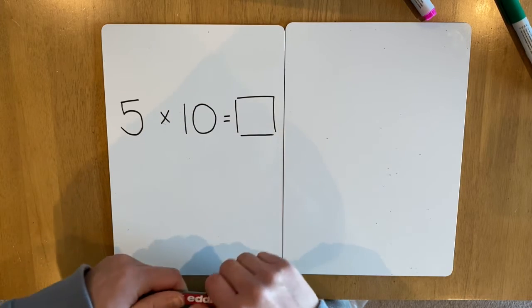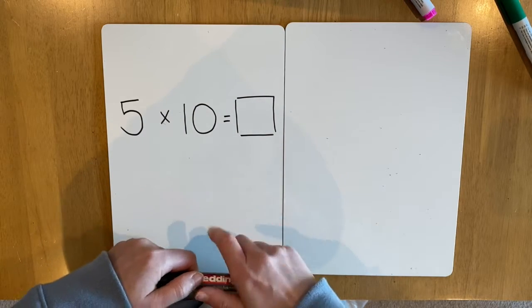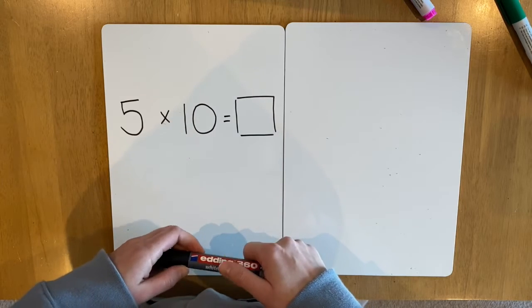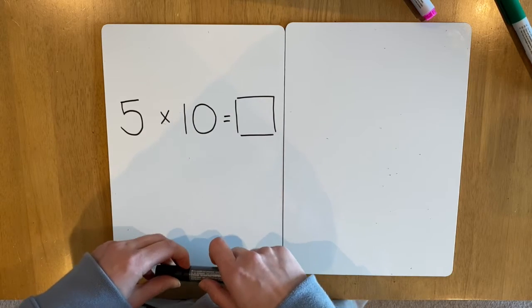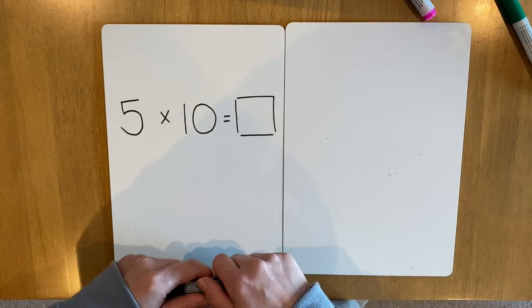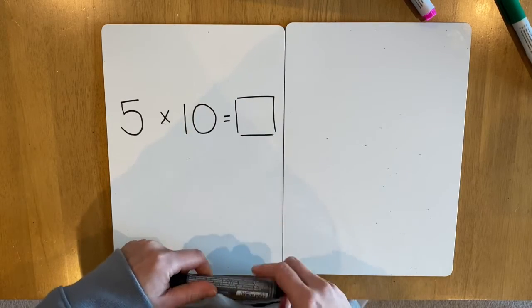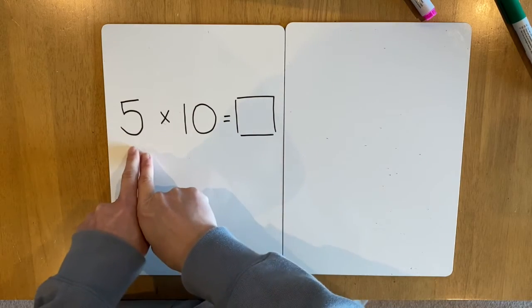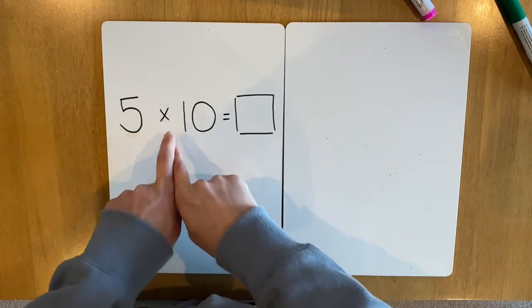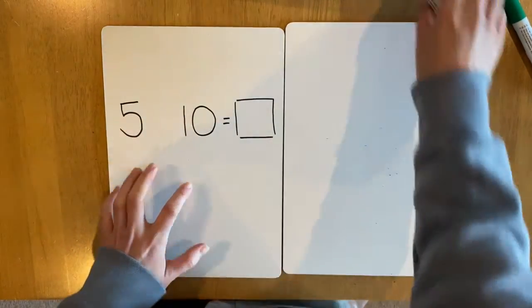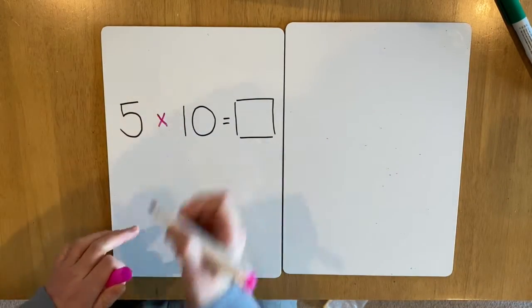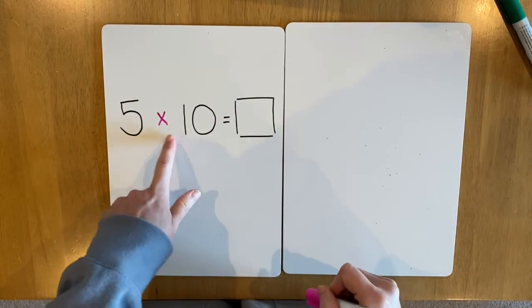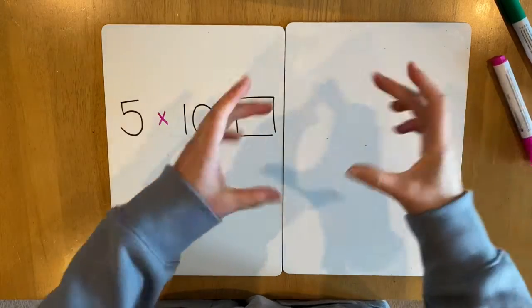So right now, pause the video, make 5 groups of 10 or draw 5 groups of 10. If you're finding it tricky, don't pause the video and just watch how I do it. So we want 5 groups of 10. So I want to make 5 groups.